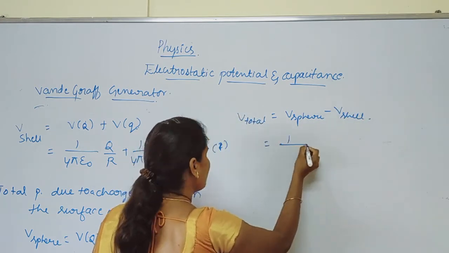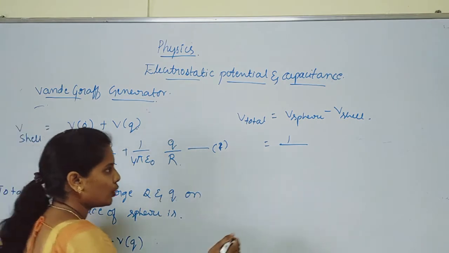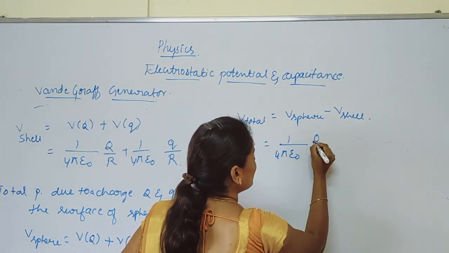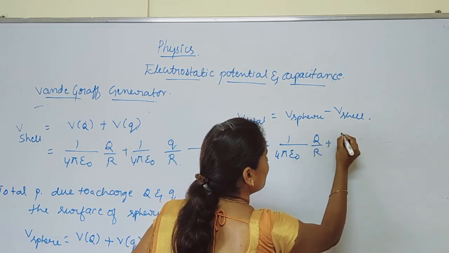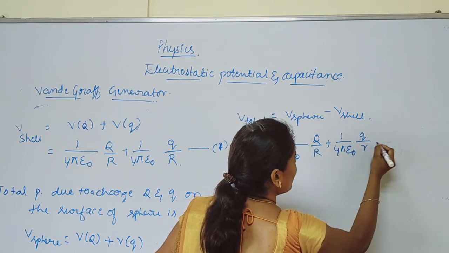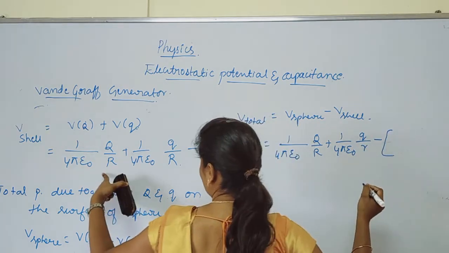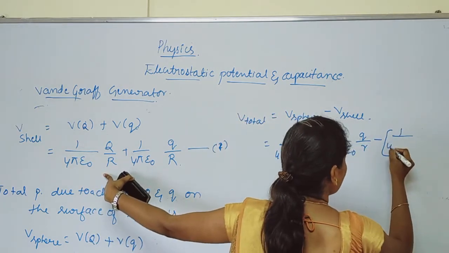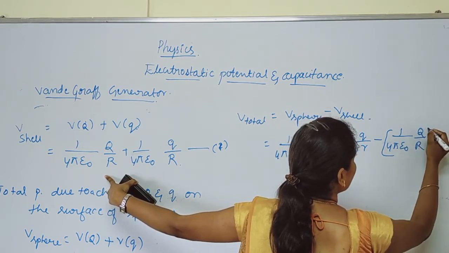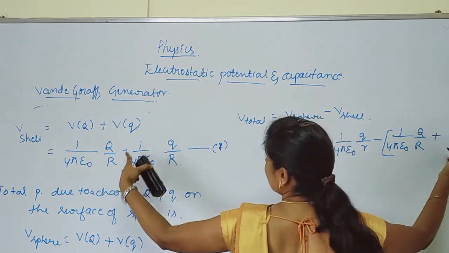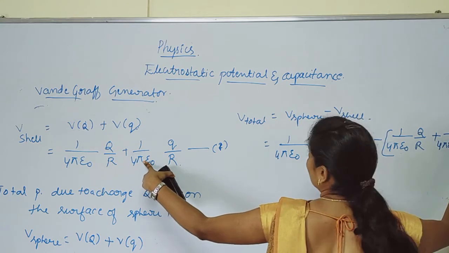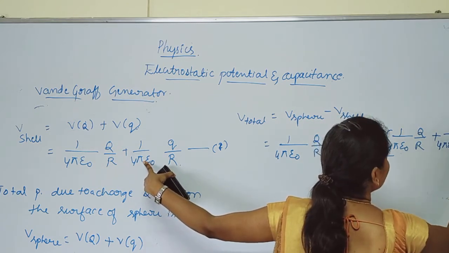Therefore V sphere means 1 over 4 pi epsilon naught capital Q divided by R plus 1 over 4 pi epsilon naught small q divided by small r, minus this: 1 over 4 pi epsilon naught capital Q divided by R plus 1 over 4 pi epsilon naught small q divided by capital R.